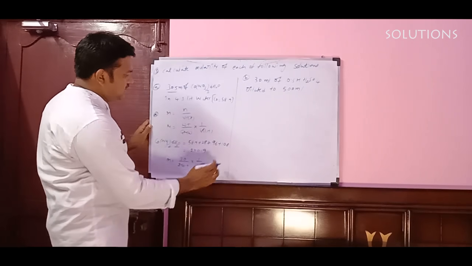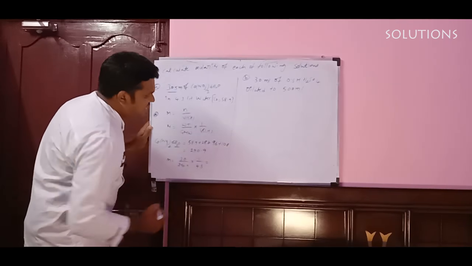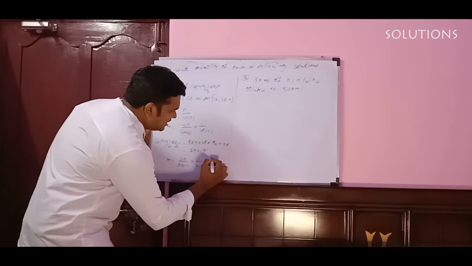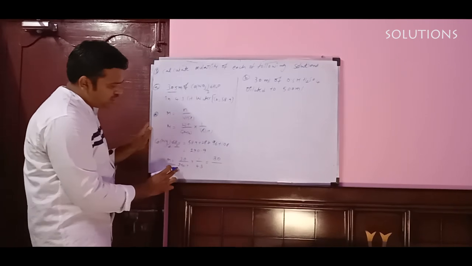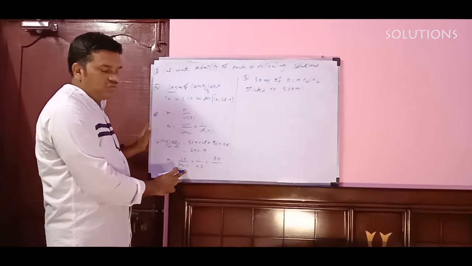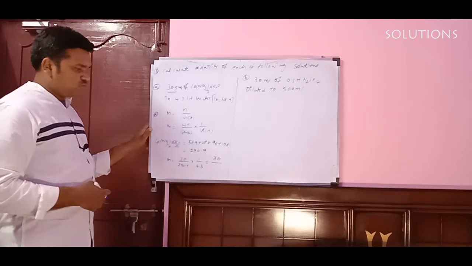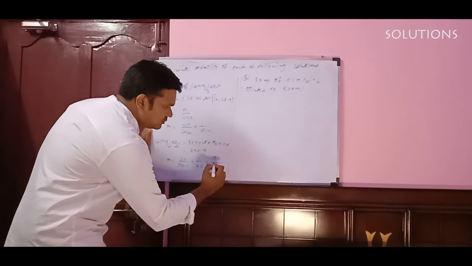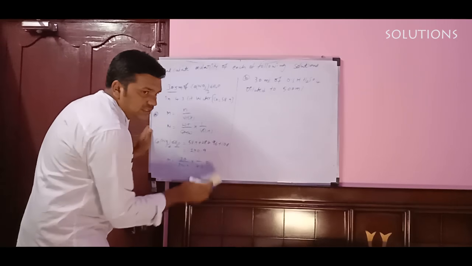So you can simplify this: 30 by 290.9 into 4.3. Nearly you will get 0.125. Sorry, I am writing the direct answer only, you can do the calculation part yourself.